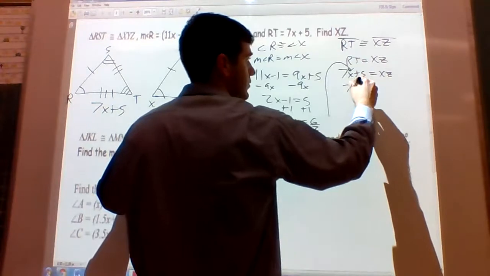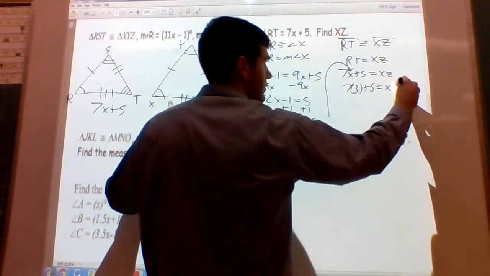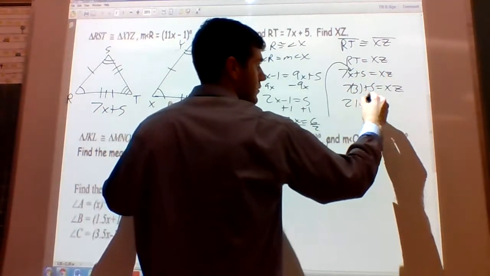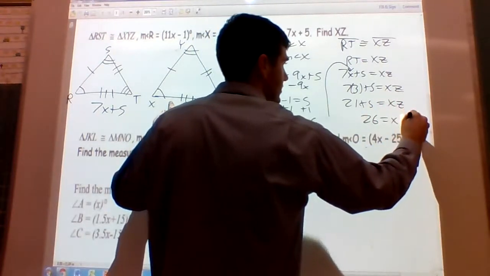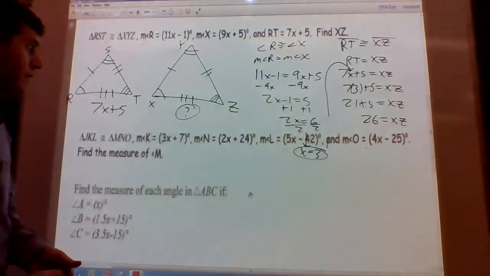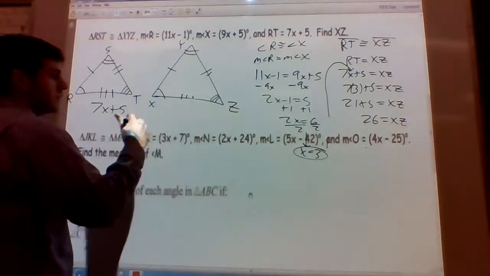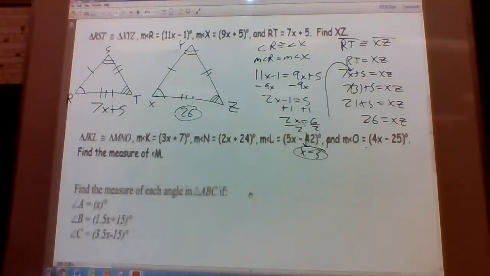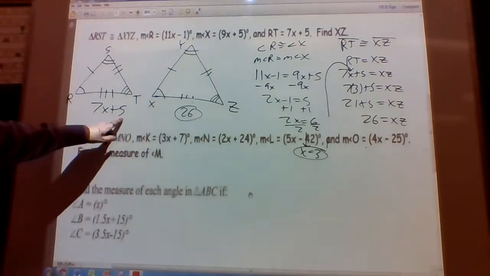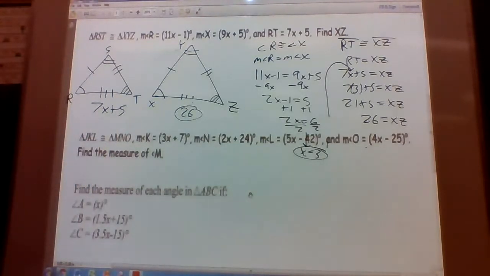So 7 times 3 plus 5 is XZ. 21 plus 5. So we're going to get 26 as XZ. Okay, so we know XZ is 26. We also know this is 26, right? 7 times 3 plus 5, so 7 times 3 is 21. 21 plus 5 is 26.